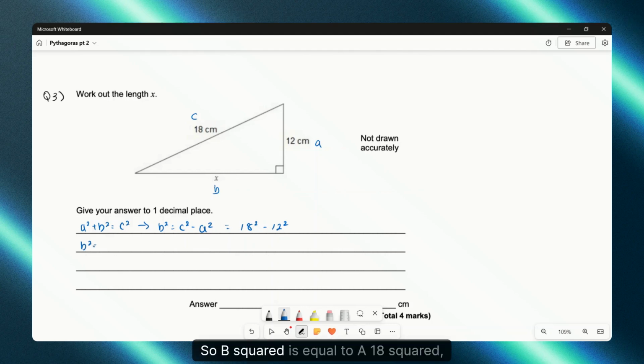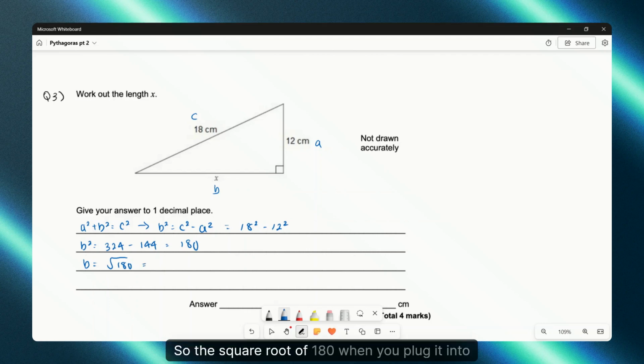So b squared is equal to 18 squared, which is 324, minus 12 squared, which is 144. And that gives us 180. So b squared is 180. Again, to find b, you square root. And it says to give your answer to one decimal place.